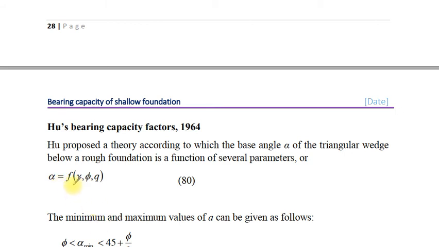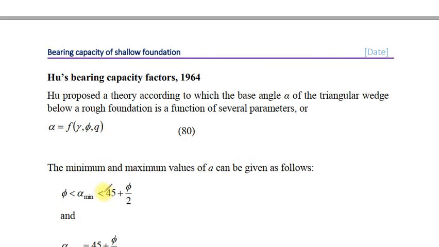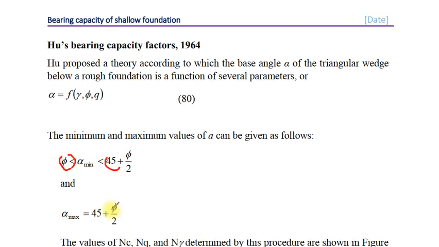He assumed that alpha depends on gamma, phi, and q, and its value is between the angle of internal friction and 45 plus phi over 2. According to that, alpha maximum equals 45 plus phi over 2 and alpha minimum equals phi. Alpha is between alpha minimum and alpha maximum.